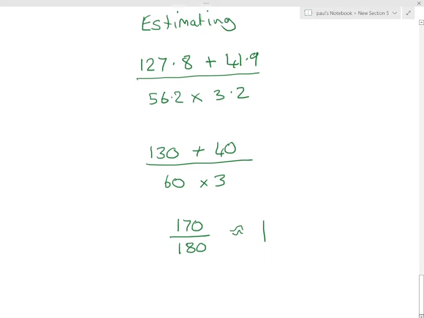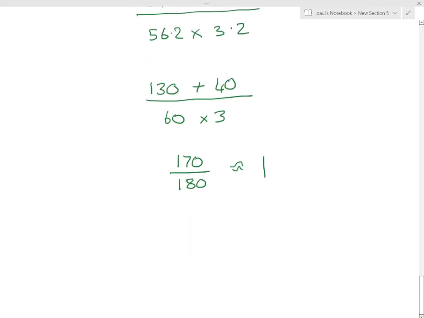So you've got to make a whole number when you estimate. So let's do 3.9 times 5.2 over 1.1 plus 2.9.